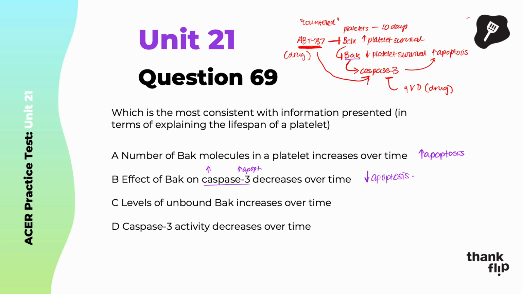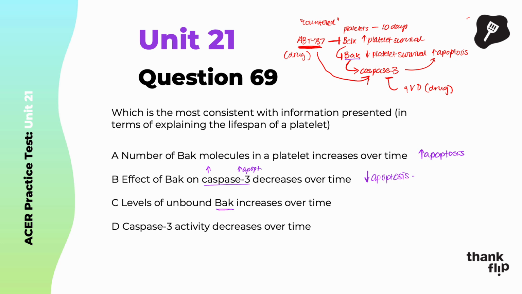Then we have option C. The levels of unbound BAC increases over time. And so what it means by unbound BAC is that essentially you have more of the active form of BAC. Okay? So when any protein is bound, that means that it's not able to function as per usual.